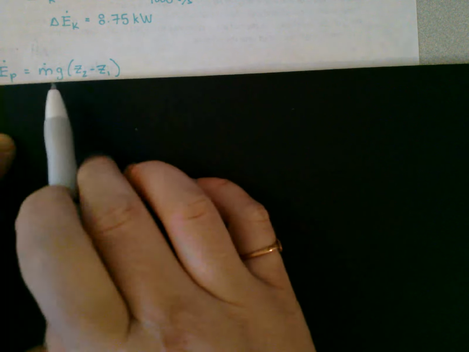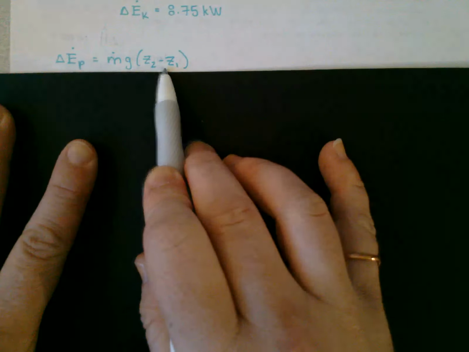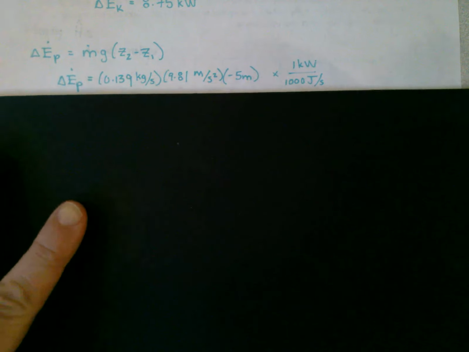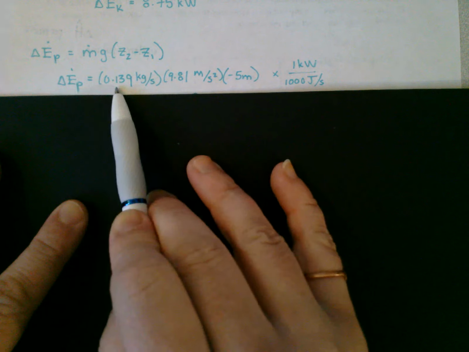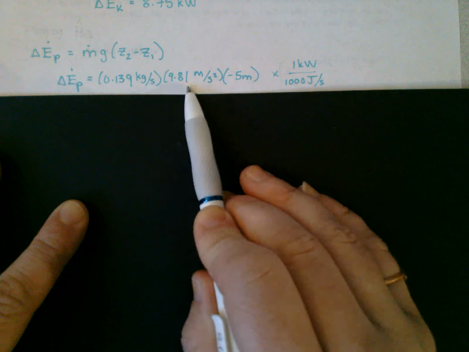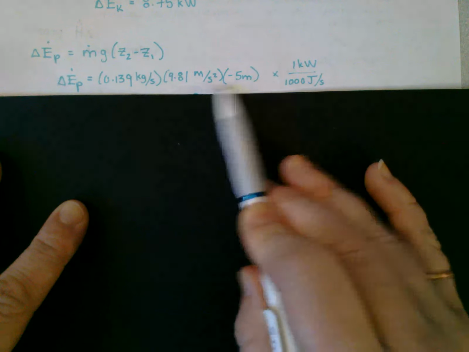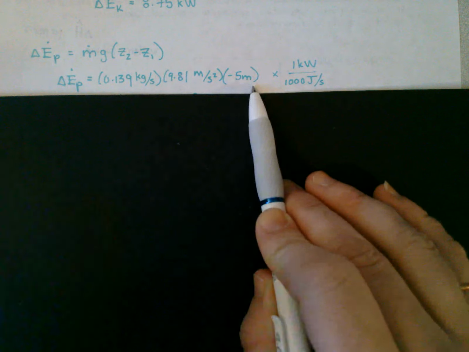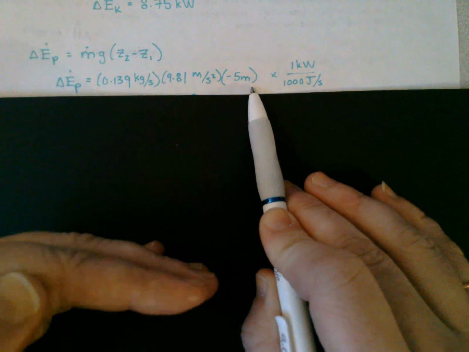All right, we got one more term. Let's solve for the potential energy in the system. And again, it's the change in potential energy. And the only thing that changes is the height in the system. So in this case, we're going to have 0.39 kilograms per second, 9.81 meters per second squared for g. And in this particular situation, the problem tells us that we're dropping 5 meters.